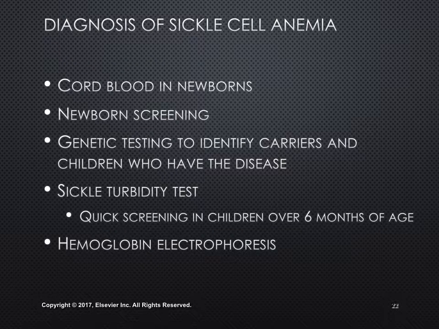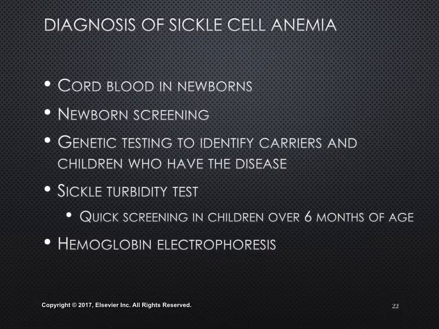So how do we diagnose it? Well, if we know that there is sickle cell trait already in the family, then we do send cord blood in the newborn to make a definitive diagnosis for that particular child. We also screen for sickle cell anemia in the newborn screening tests that we do on all infants that are born in the hospital.